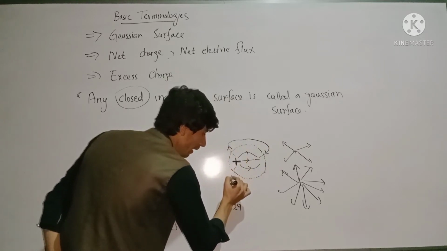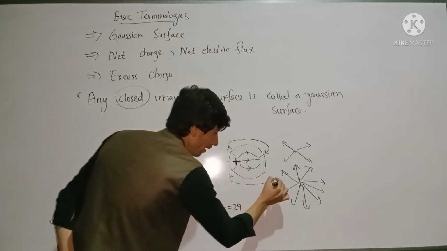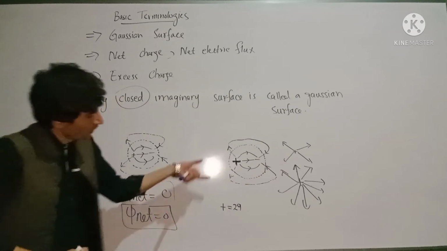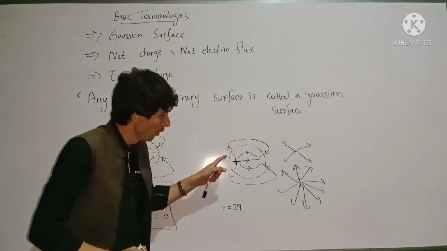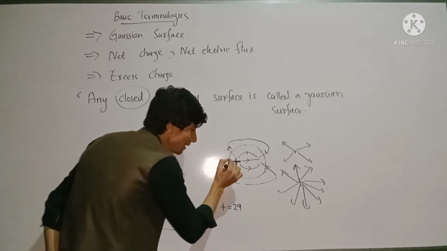Here is another electric field line leaving the closed surface and entering to the closed surface again. But here the magnitude of the charge is double, so we will have more electric field lines.